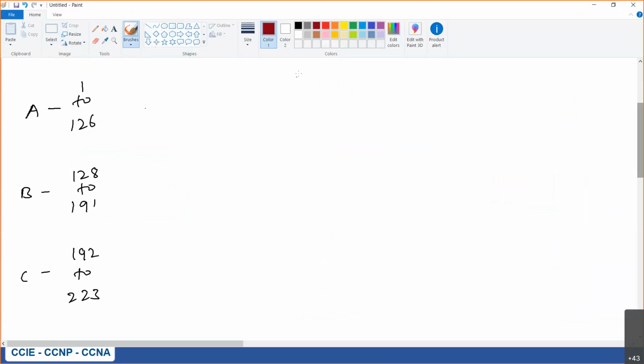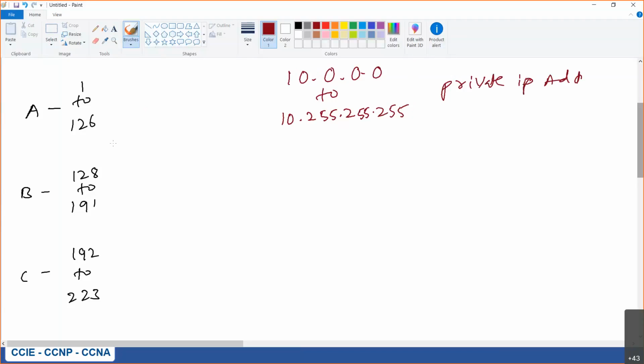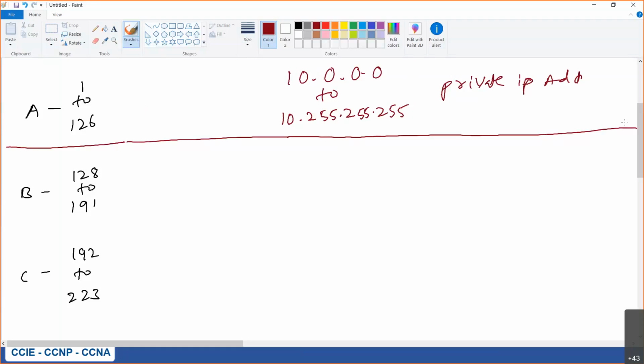Out of this, IP from 10.0.0.0 to 10.255.255.255, the complete 10 dot network range, is the private IP address range from class A. That's it. Remaining all IPs are public IP addresses in class A.